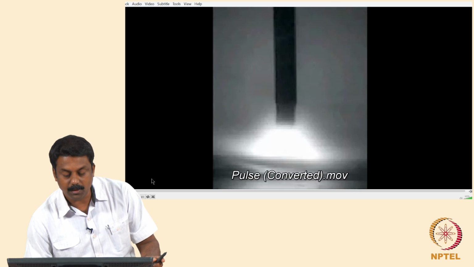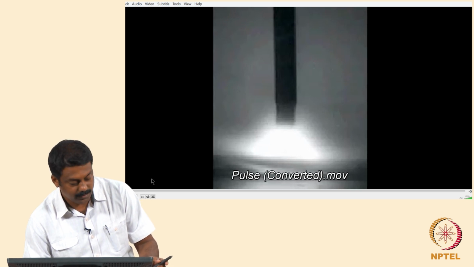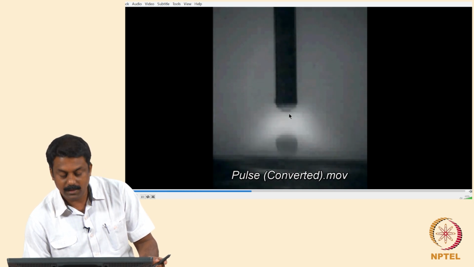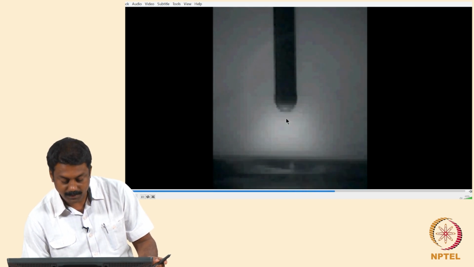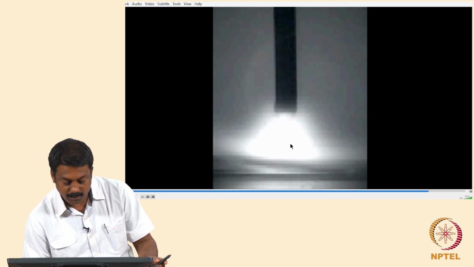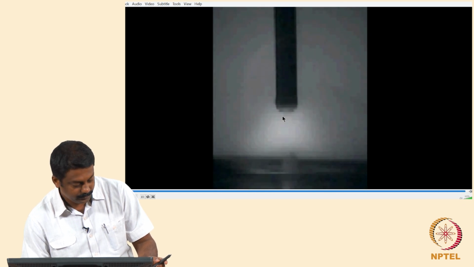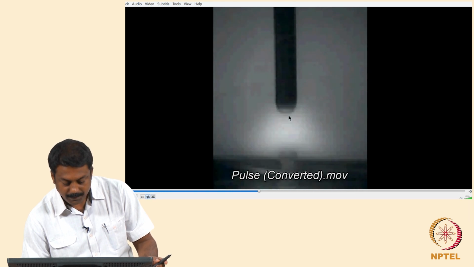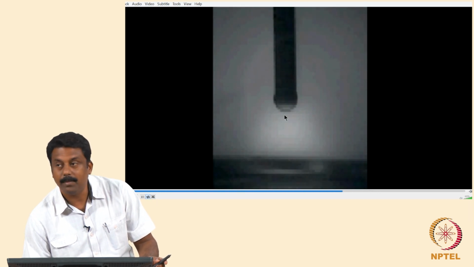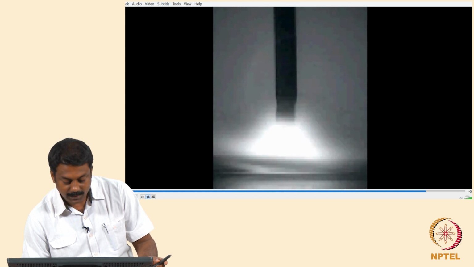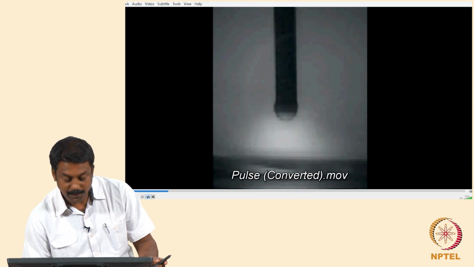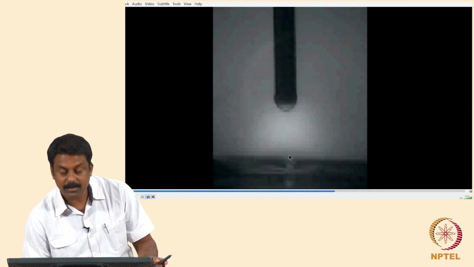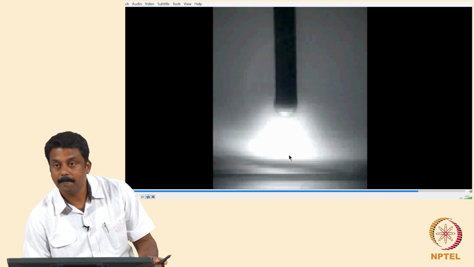So we will have to achieve a drop spray transfer. The characteristic of drop spray transfer is that the droplet should be detached with a diameter similar to the filler wire, and it has to be continuous. You see that there is a background arc, and we are transferring the droplet one per pulse. When the pulse is given, the arc glows and you form a droplet, and then the droplet is detached because of the pulse current, right.